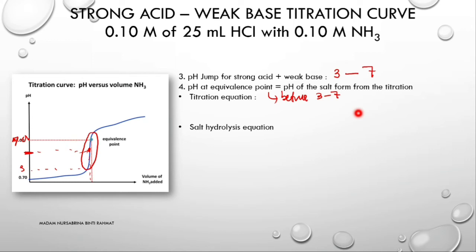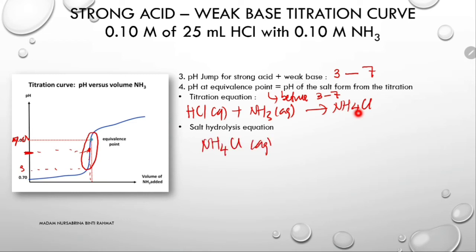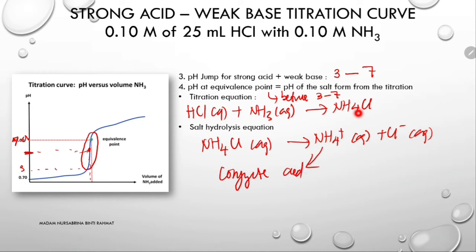Let's write down the titration equation to find out what kind of salt is being produced. So HCl reacting with ammonia is going to form NH4Cl. NH4Cl consists of NH4 plus and Cl minus. NH4 plus is a conjugate acid from a weak base, so it will hydrolyze in water.